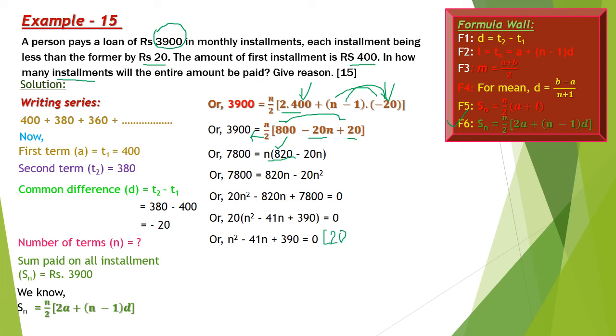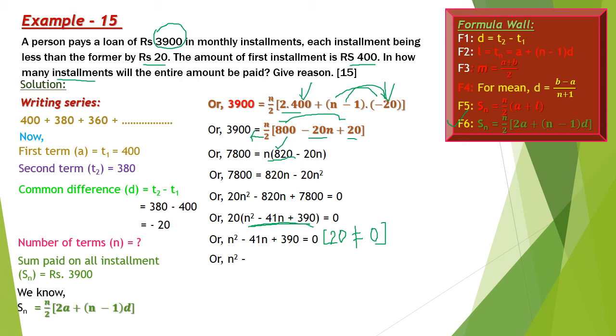So what must be 0? This part must be 0. There are two factors, 20 and n square minus 41n plus 390, and among these two factors 20 is not equal to 0, so that means the second part must be 0.